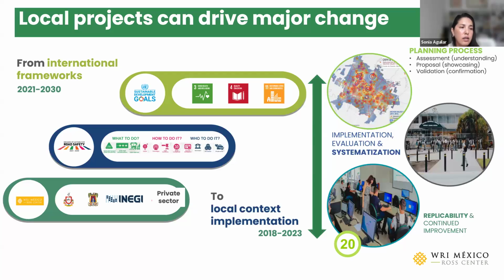So with this project, we impacted this amendment, which established a nationwide speed limit of 20 kilometers per hour in school environments. So this showcase at a local level could rise up to the national level to inspire them and make this change in the amendment.